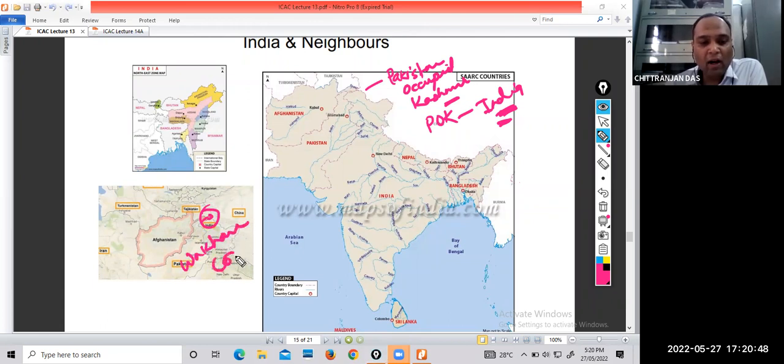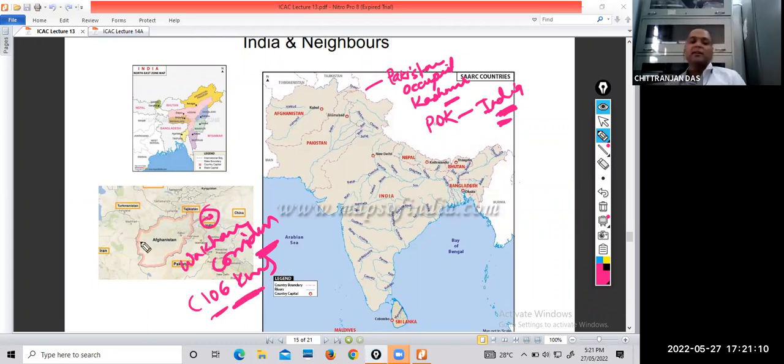The Wakhan corridor meets the Indian part of Kashmir, which is illegally occupied by Pakistan, and it is a 106 kilometer boundary. So de facto we don't have it, but de jure we definitely have a 106 kilometer boundary with Afghanistan.